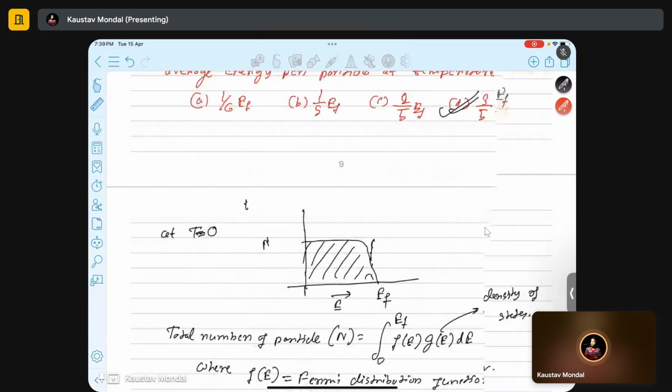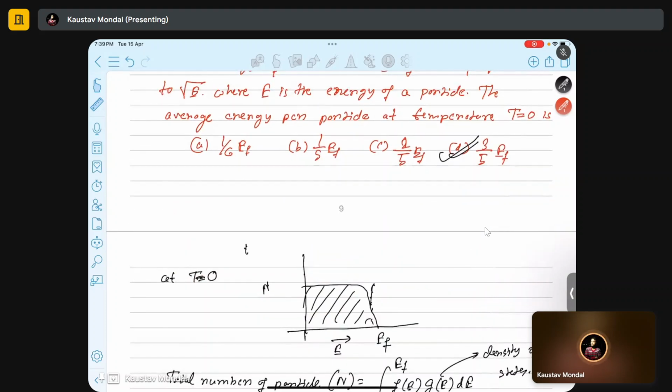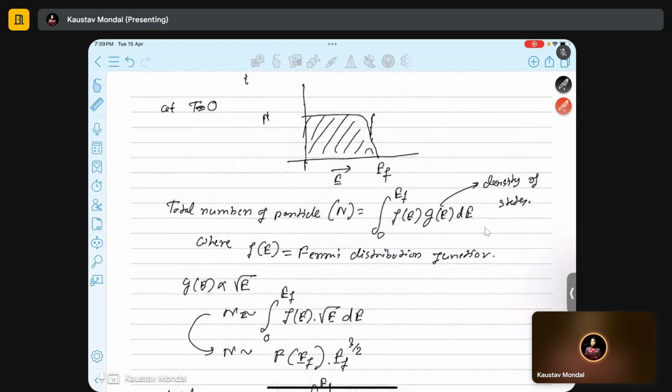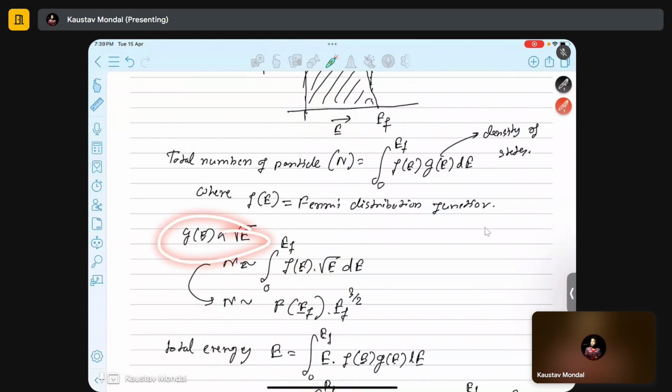So what have we done here? At T equal to 0, for a Fermi system, the states up to the Fermi energy level are all filled, and beyond the Fermi energy there are no states. We first calculated the total number of particles, given by the integral of F(E) G(E) dE, where F is the distribution function and G is the density of states, which is proportional to root E, as mentioned in the problem.